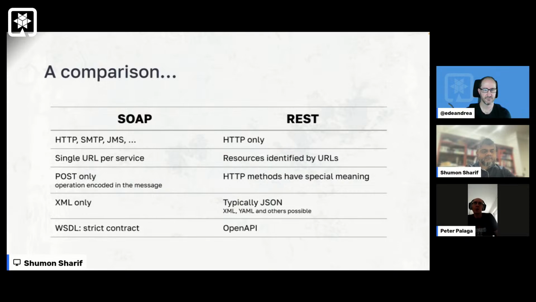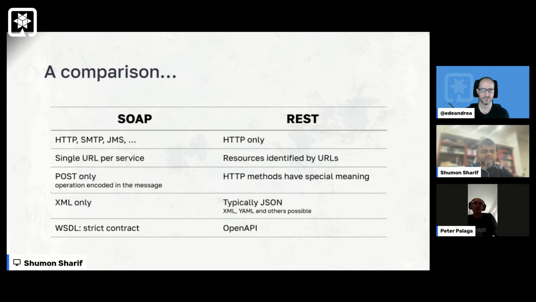If you use SOAP through HTTP, then you use only POST and nothing else. On the REST side, the HTTP methods have special meanings, like POST for creating, PUT for updating, and GET for reading the resources. On the SOAP side, everything goes through POST, and the operation is encoded inside the message.